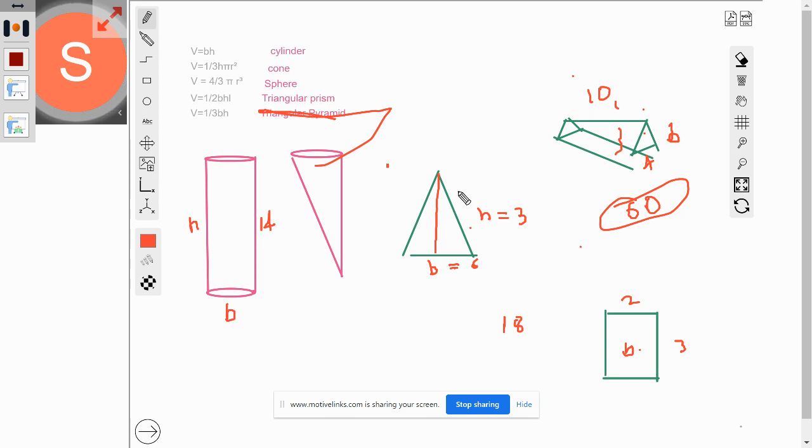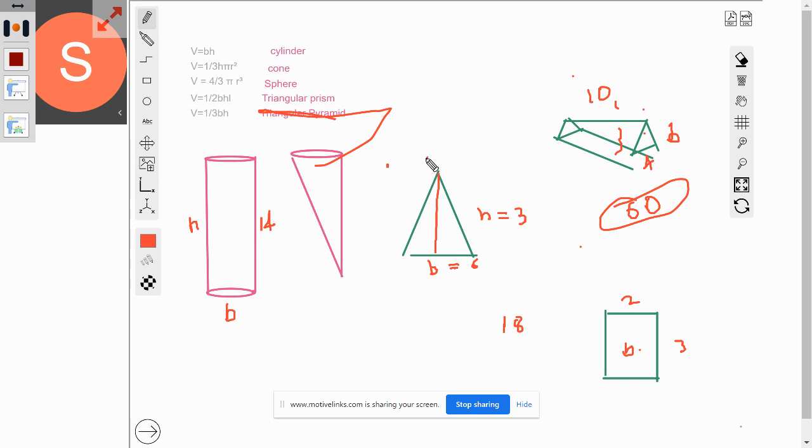Now that we have this, we're simply going to divide 18 by 3, because if this were a rectangular prism, this would be the correct volume for it, if it had the same dimensions.